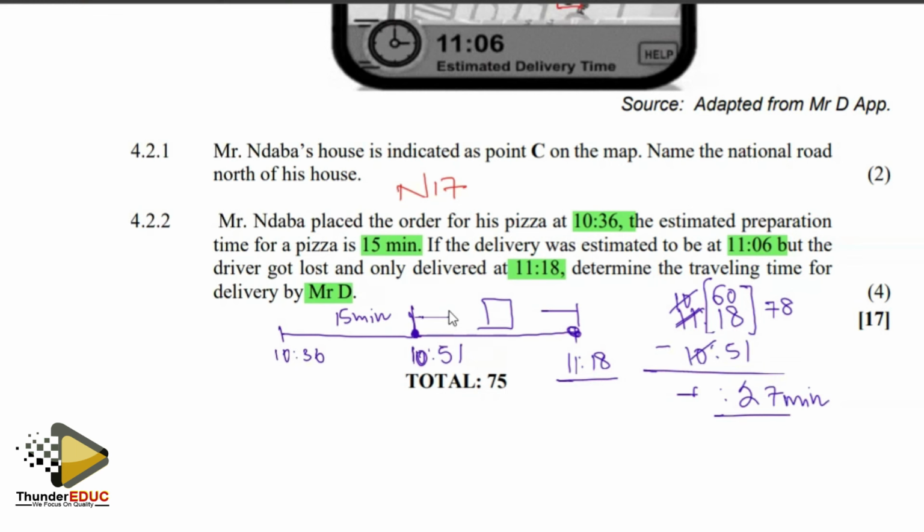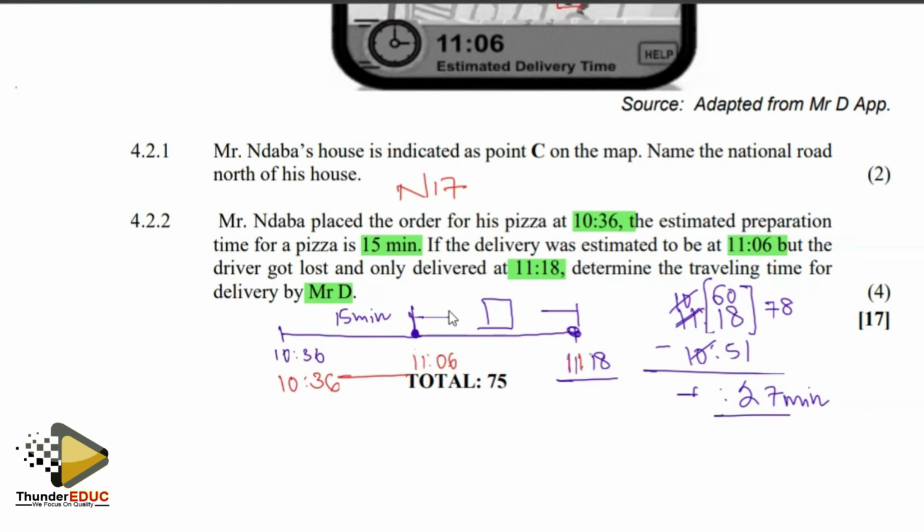Sorry, Mr. D. That's another question. Another way around, you can ask yourself: it's supposed to arrive at 11:06, but it has arrived at 11:18.